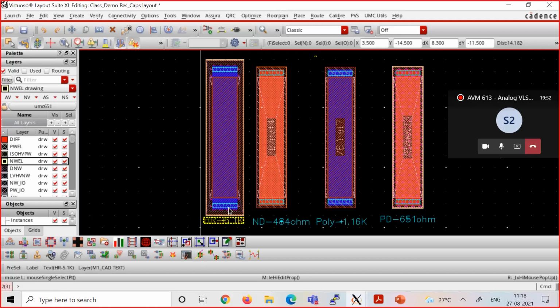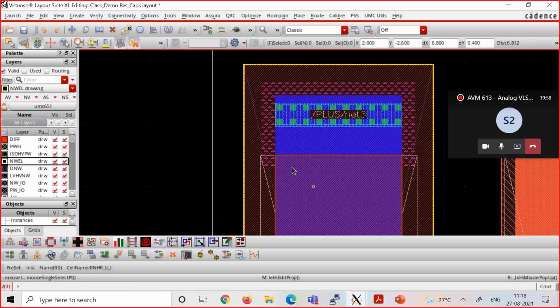Now, when you talk about these resistors, let me just zoom into this portion. Up to this point is the actual resistor material. This resistor material is also literally at the bottom of the chip, right? You need to make contact with your metal layers so that you can use it for all your connections, because at the end of the day your resistor has to get connected.